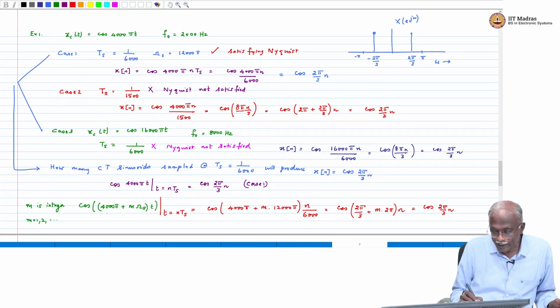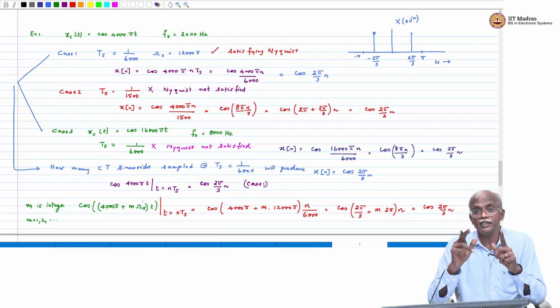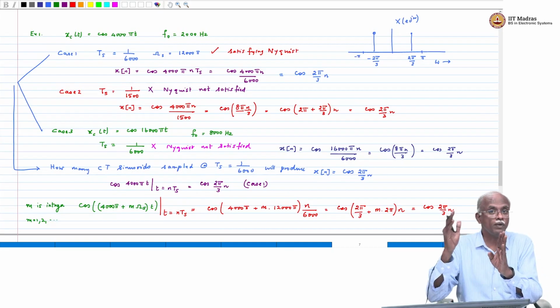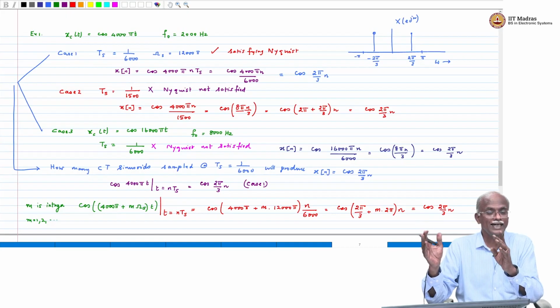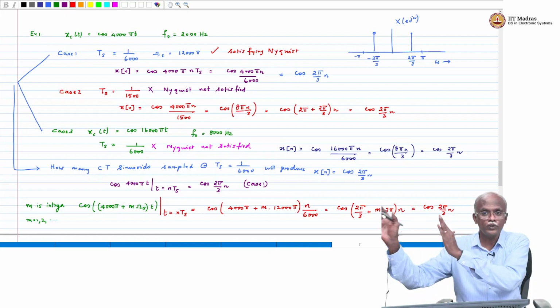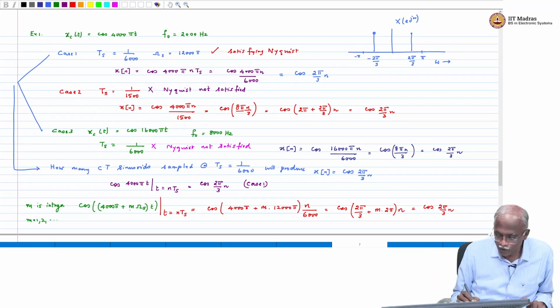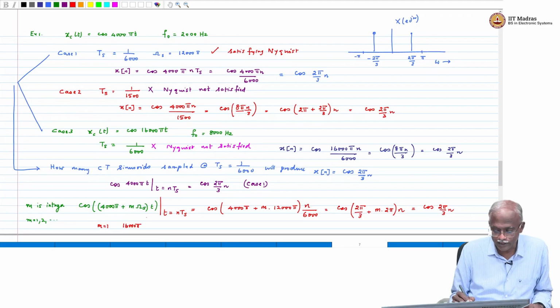So any continuous time sinusoid which is shifted by a multiple of the sampling frequency is going to produce for you cosine 2 pi by 3 n. Is that true always? So if m equal to 1, what do we get? We get 16,000 pi, which was what we saw in case 3.